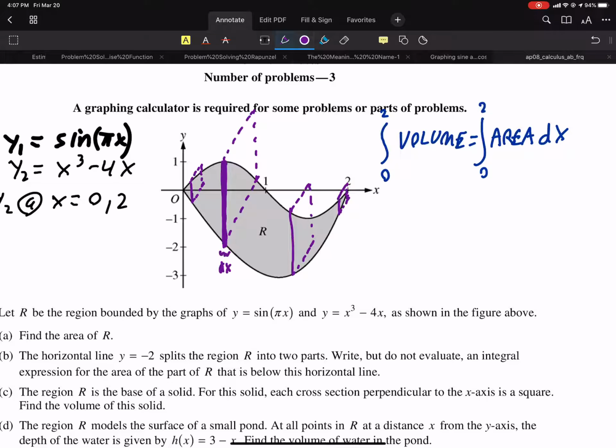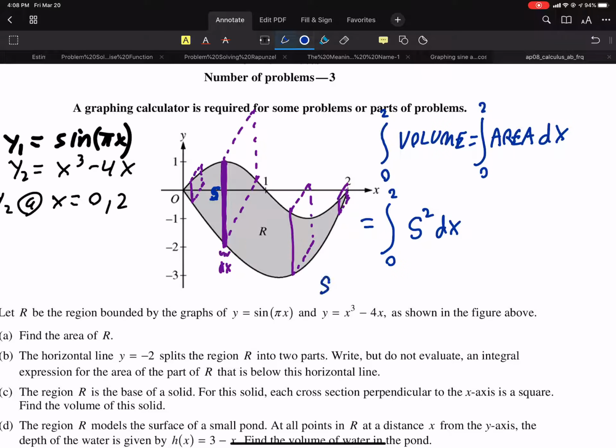And so we have a square. The area of a square is going to be a side squared, and the thickness is dx, where this length is s. Looks like an upside down 5. That's an s.